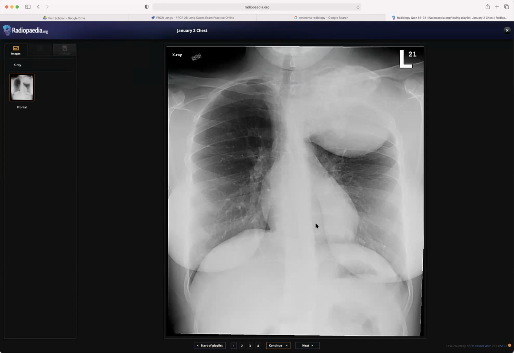There is calcific density noted within this lesion with the adjacent ribs showing erosion as well as mild separation. There is mass effect on the trachea, which is shifted to the right side a little.